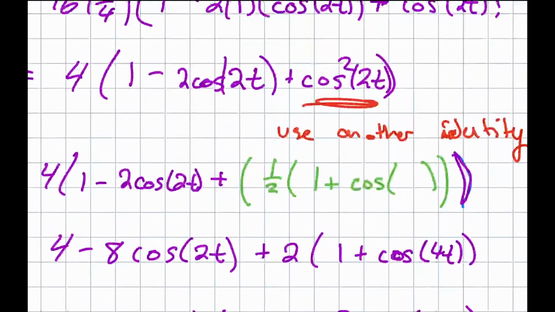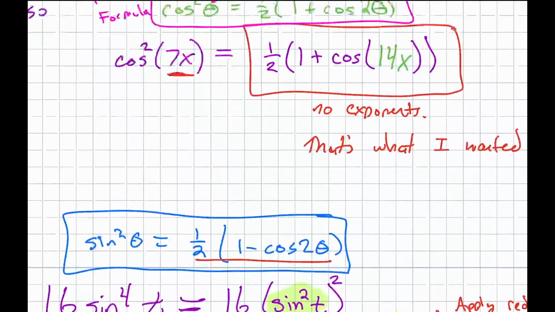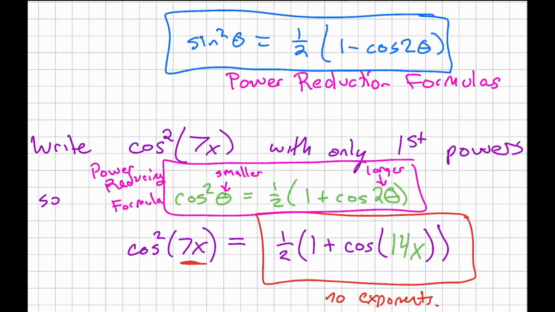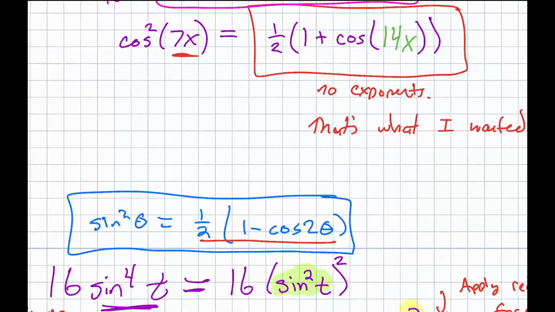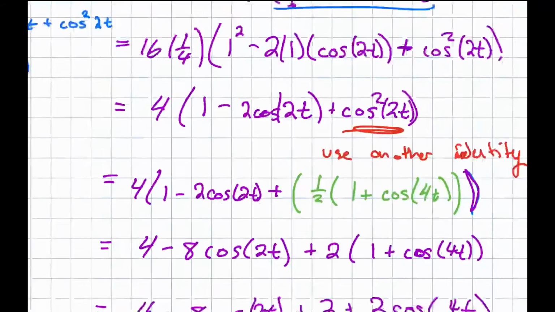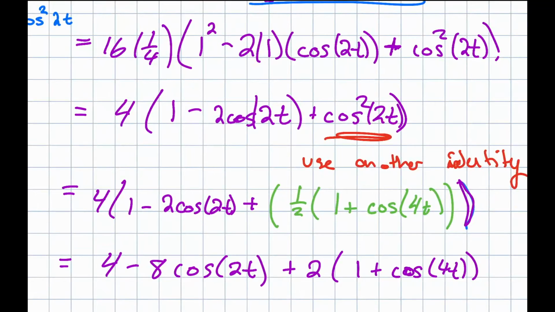So if the angle started out 2t, it's going to be 4t here, just like on that first example we did up here, when we started with a 7x, we ended up with 14x. So if you start with a 2t, you're going to end up with a 4t here.